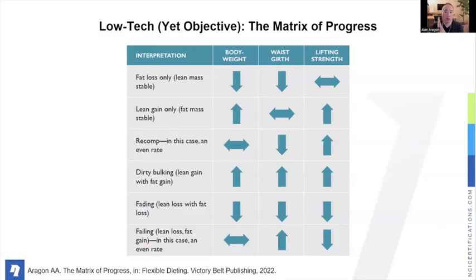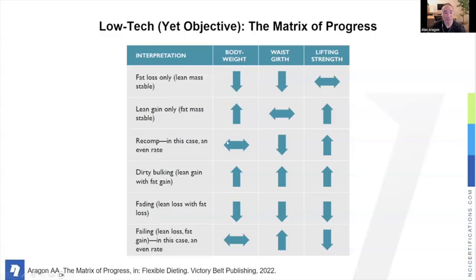So if you are losing lifting strength, then the tendency will also be to be losing lean body mass. And the opposite is also going to be the tendency. If you're gaining lifting performance, then the tendency would be to gain lean mass alongside of that process.